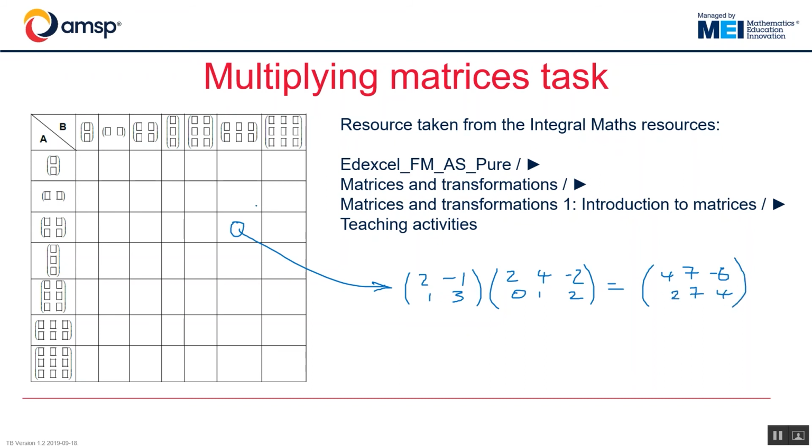Some of these won't be possible if the matrices aren't conformable, so if the 2 by 3 was first, for example here, multiplied by the 2 by 2 here, that isn't possible. So the task for students is to practice using the matrix multiplication functions of their calculators to fill in as many of these cells as they can and identify which ones aren't conformable.